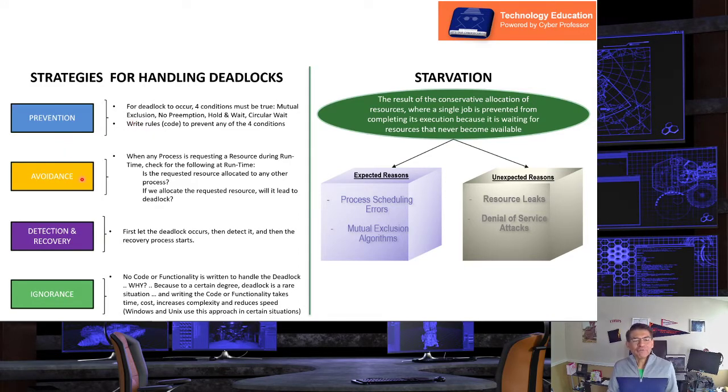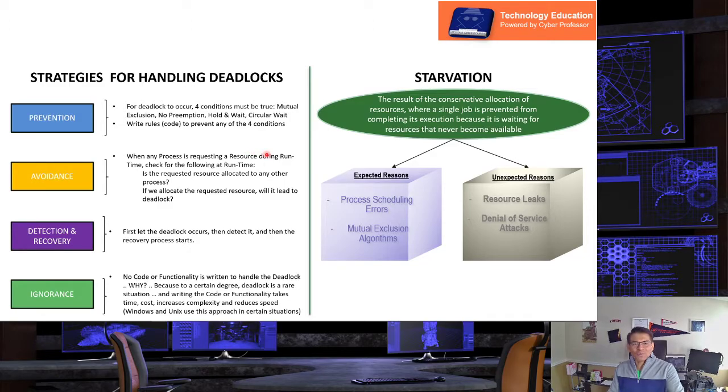Now, avoidance is the second strategy that we are going to discuss today. When any process is requesting a resource during runtime, so now we are moving a little further in the process. Prevention happens way before, when the software developer is writing the code, right? Avoidance happens right before the execution of a process in memory.